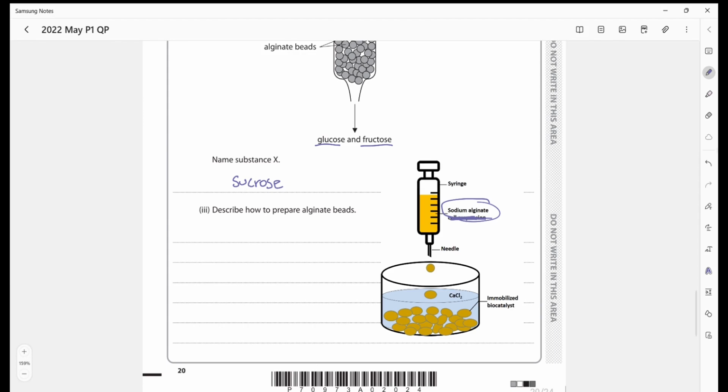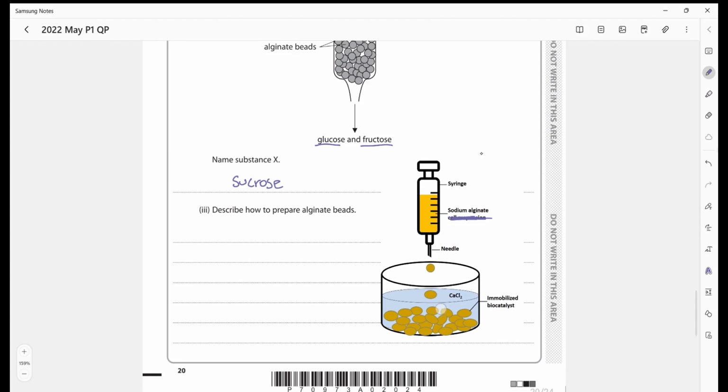To do that, you would mix sodium alginate with distilled water, and you'd mix them together until it dissolves. Then, using a syringe, you would add drops of that sodium alginate solution into calcium chloride solution. So you add it to the calcium chloride and that would harden it. And then once you get the beads, you would then wash them.